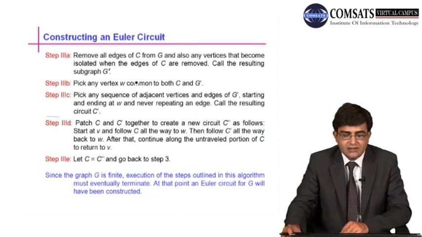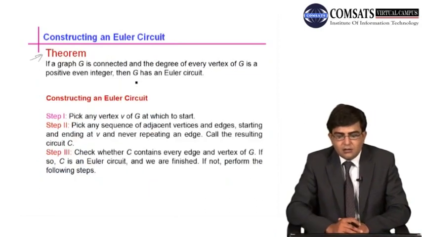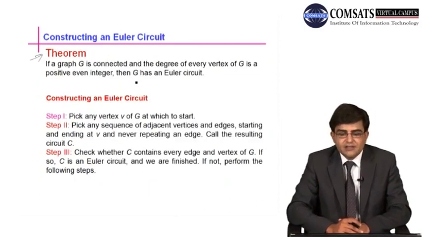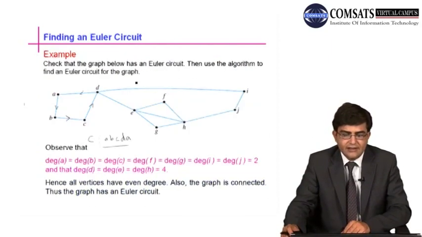What was the third step? Check whether C contains every edge and vertex of G. No, because still here we have used 4 vertices and 4 edges, and there are a lot more vertices and edges which are not being used in this circuit C.